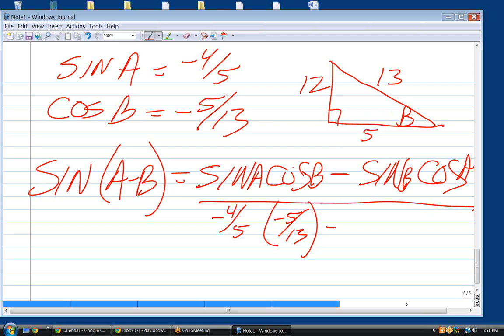Now, is it positive or negative? It would be negative. No, it would be positive. No, I'm looking at the wrong thing. It would be negative, right? Well, it's not clear to me which quadrant. I forgot to give you something.